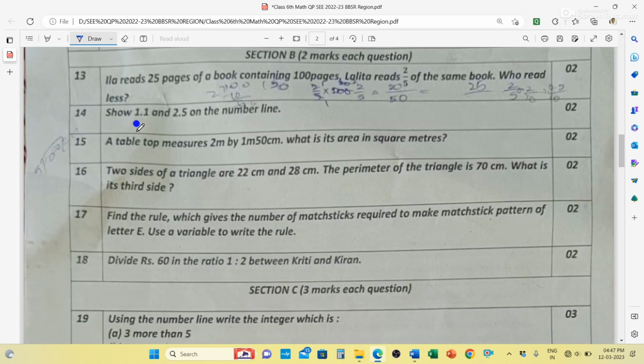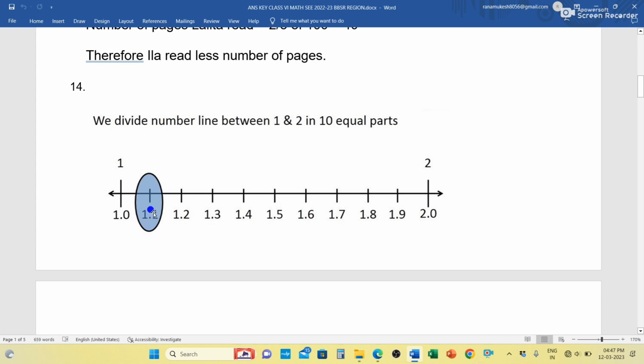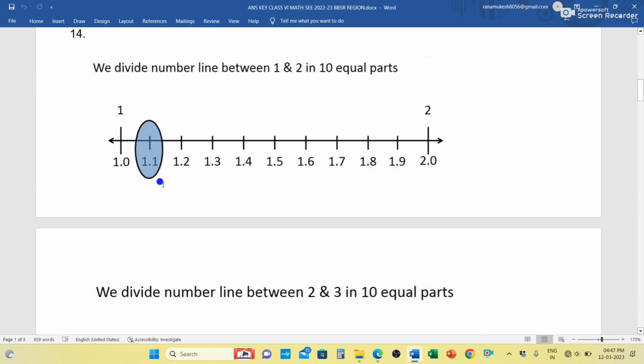Next, show 1.1 and 2.5 on the number line. So to show 1.1, we divide the number line between 1 and 2 into 10 equal parts. Then the first part will be 1.1.